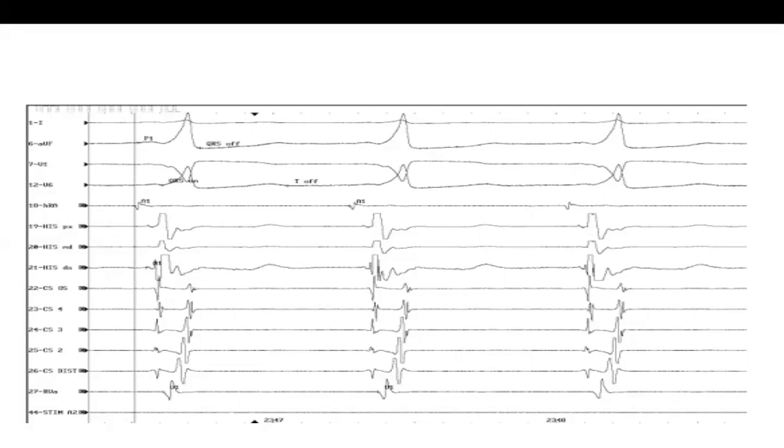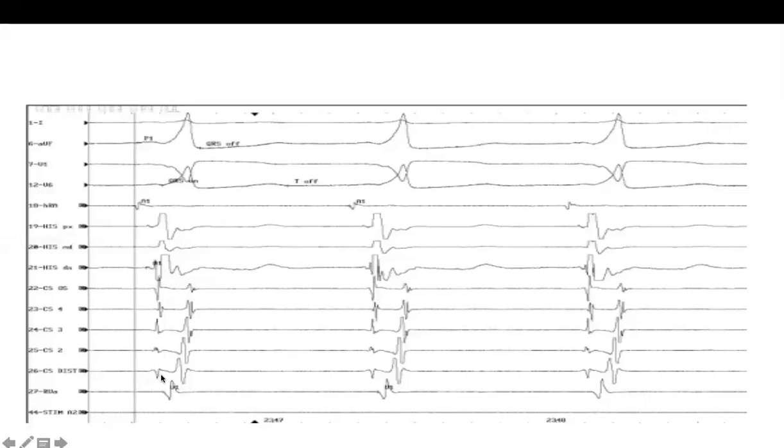Catheter position will play a major role in the electrograms. Sometimes in the coronary sinus, you cannot go to the main coronary sinus, and some people would push it into a lateral vein. If you put it into a lateral vein, you are going to record more ventricular than atrial.